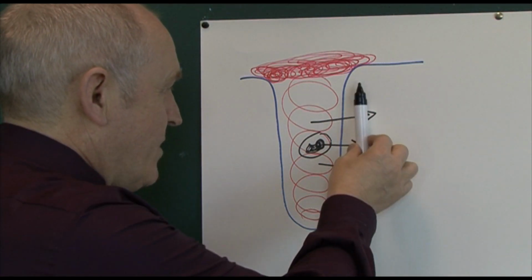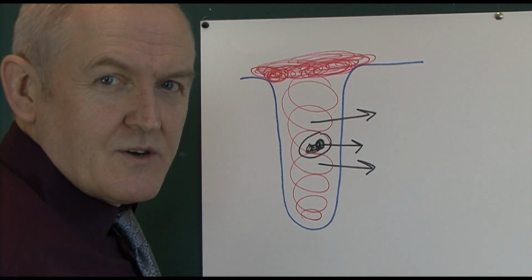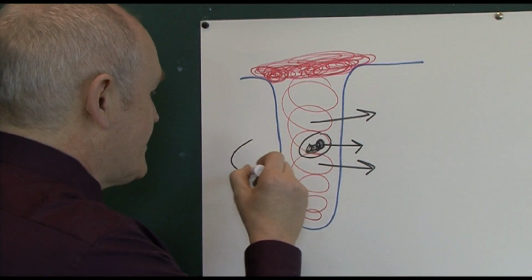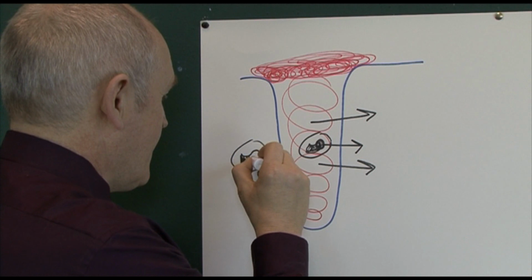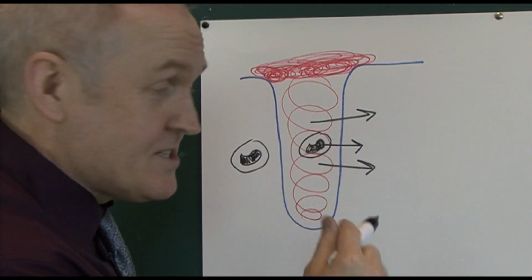What do we call a monocyte when it's in the tissue spaces? If monocytes are in the tissue spaces, they're called macrophages.